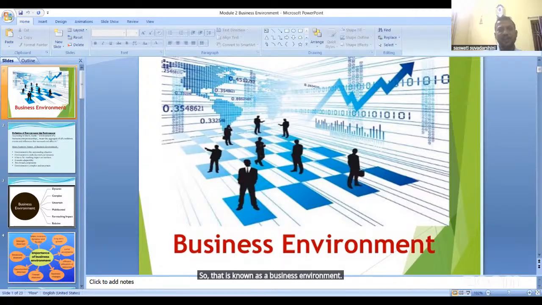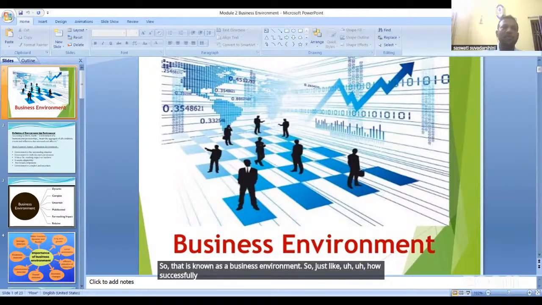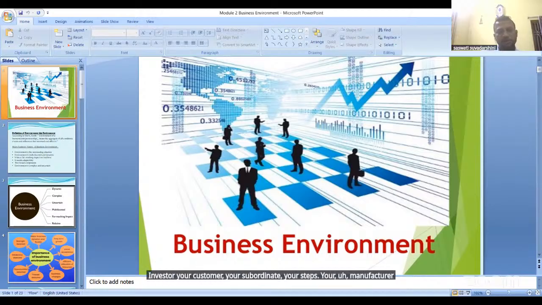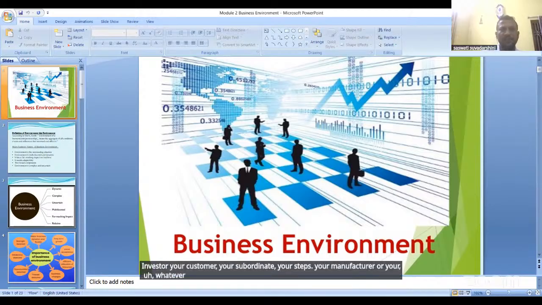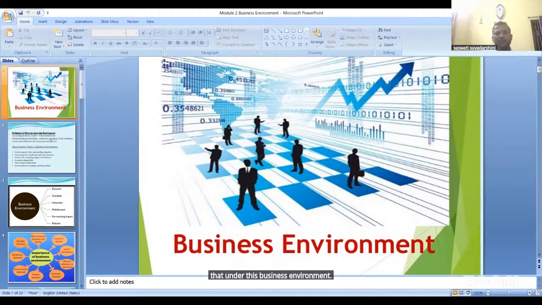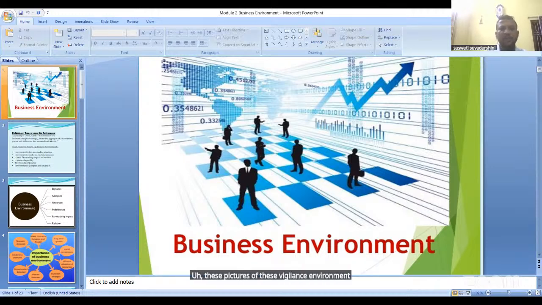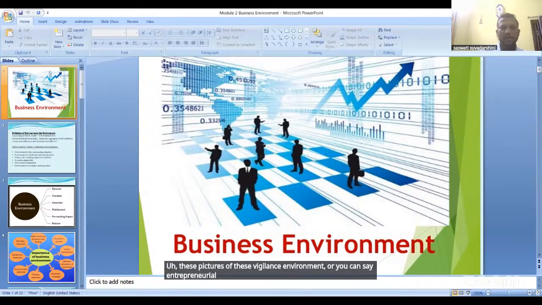Just like how successfully you are approaching your investor, your customer, your subordinates, your staff, your manufacturer, whatever activity happens inside the business falls under this business environment. There are certain features we are highlighting of this business environment, or you can say entrepreneurial environment.